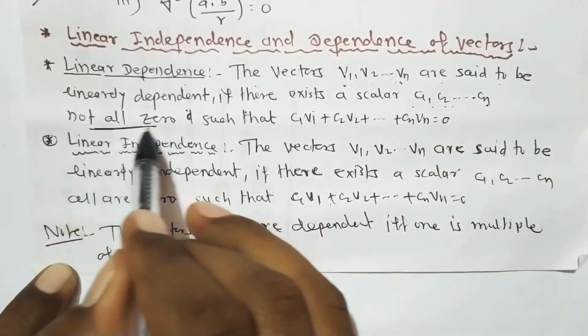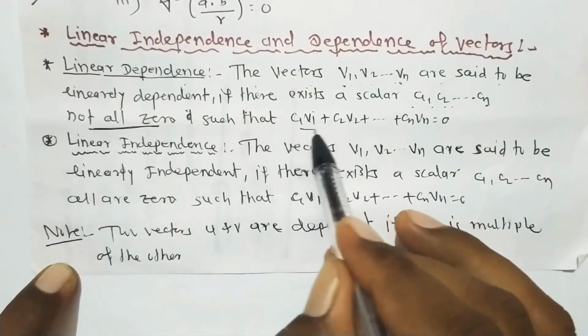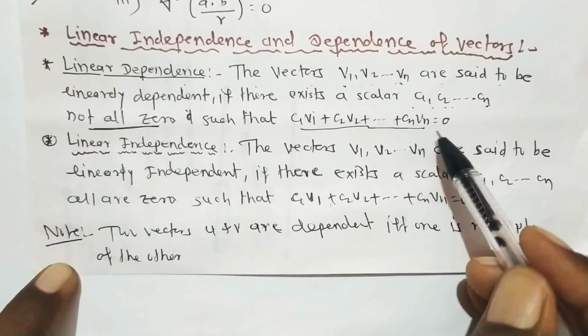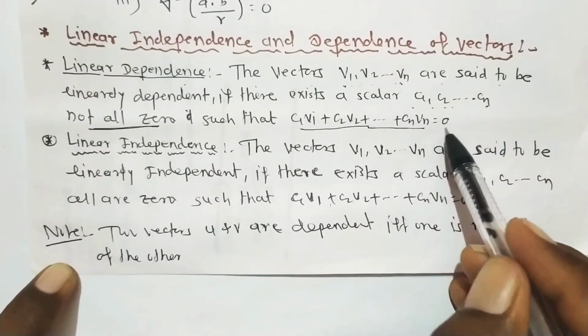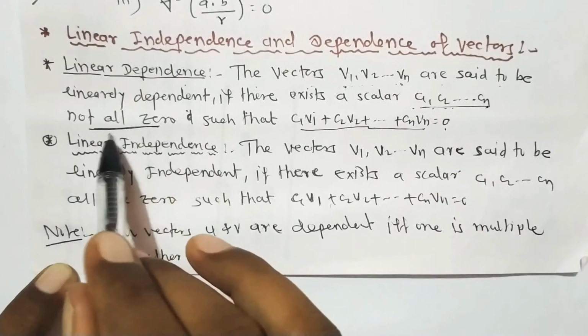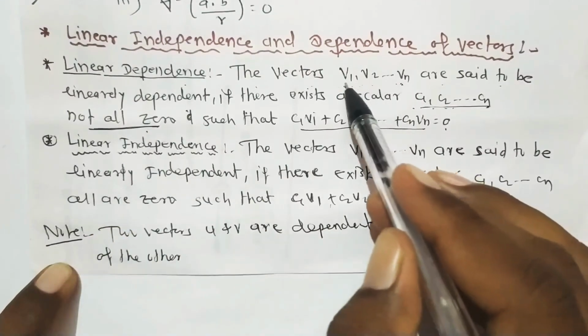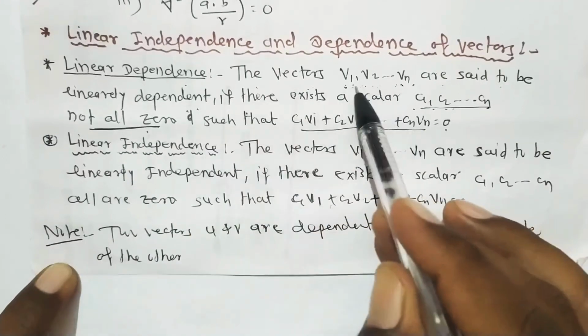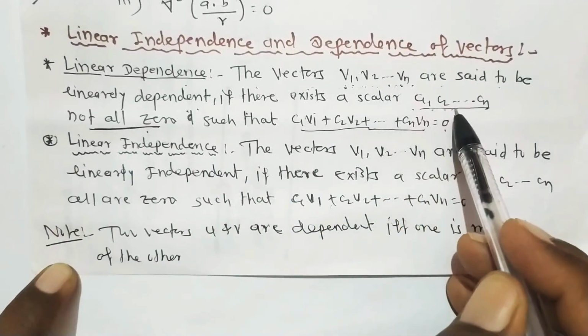This is very important: not all zeros, such that c1 v1 plus c2 v2 plus so on plus cn vn equals 0. This means the linear combination is equal to 0, but the scalars c1 to cn are not all zeros. Then we can say the given vectors v1 to vn are linearly dependent. If n vectors are there, then there exist n scalars.